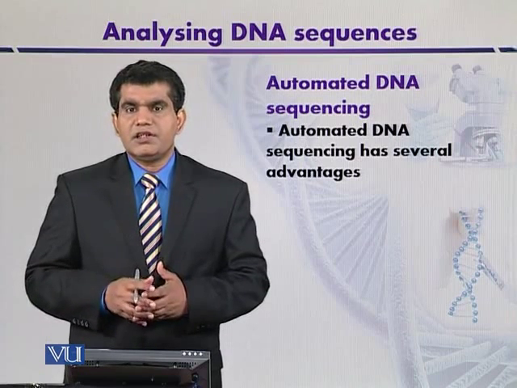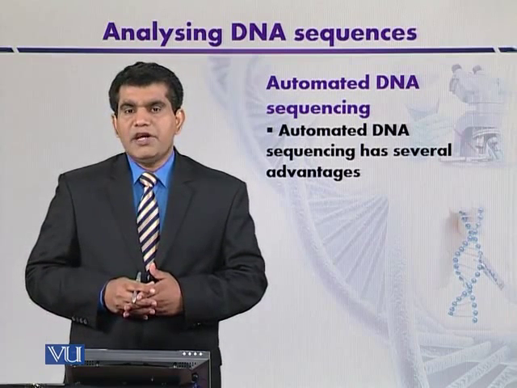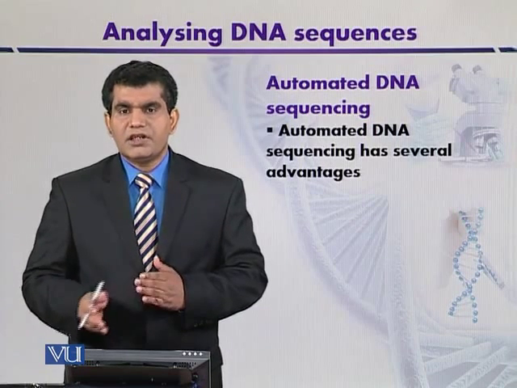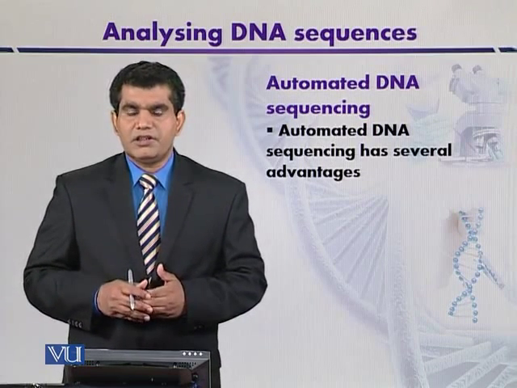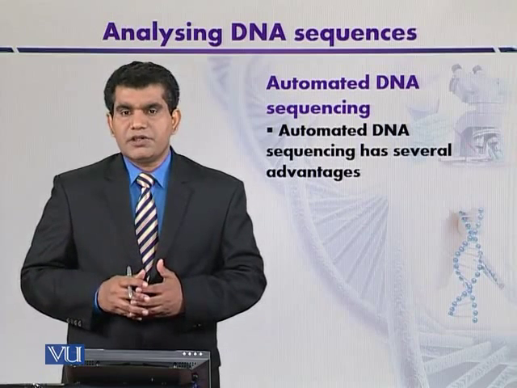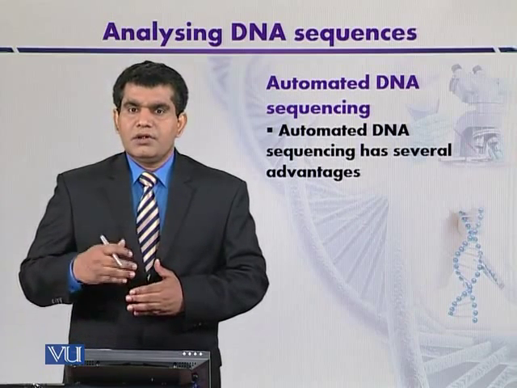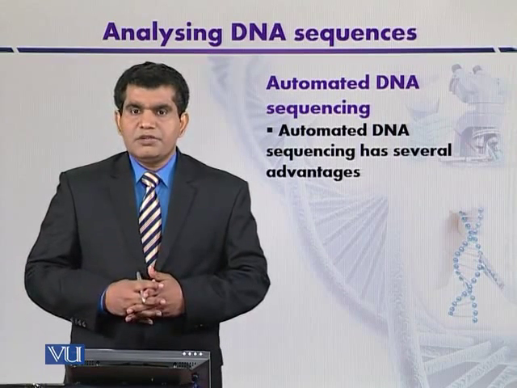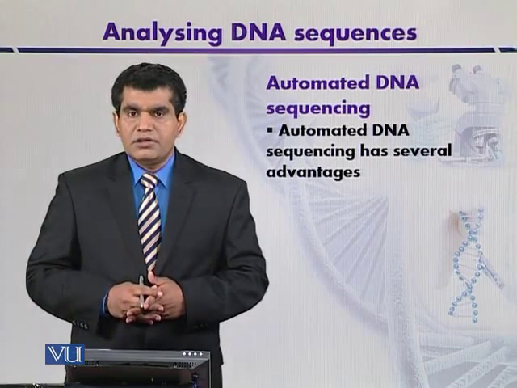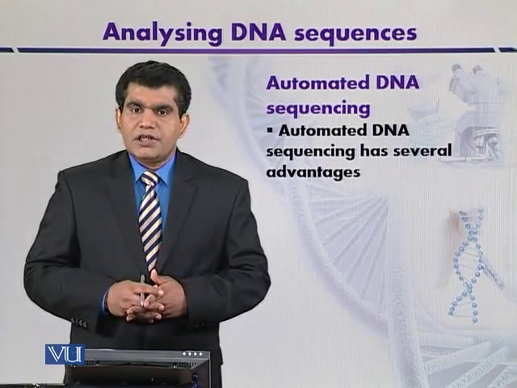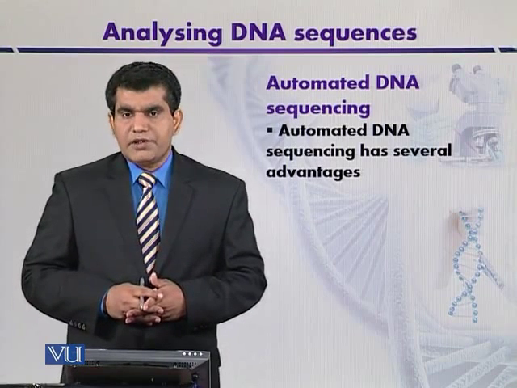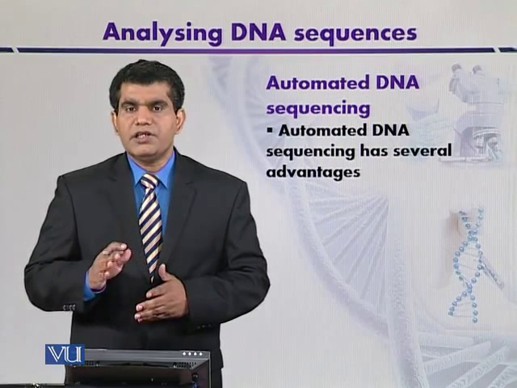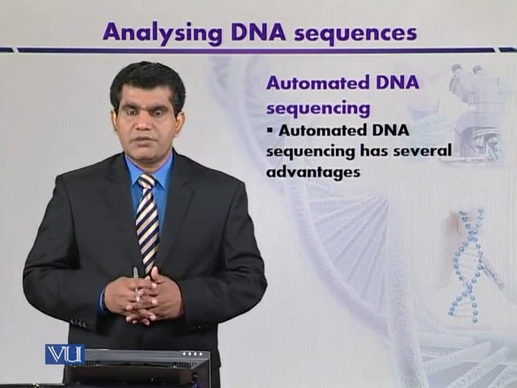So we can say that in case of manual sequencing, a skilled worker is required. Whereas another advantage is that in case of automated sequencing, all the work is done by the machine or the detector. Next advantage is that in case of manual sequencing, we may require 4 different lanes for 4 different reaction mixtures.